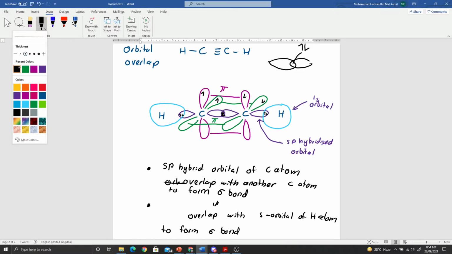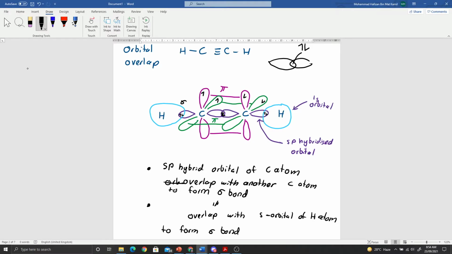So we have two sigma bonds actually. We have this sigma bond, carbon and hydrogen, and we also have carbon and carbon. It is the same here too.